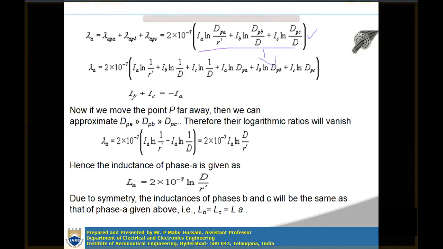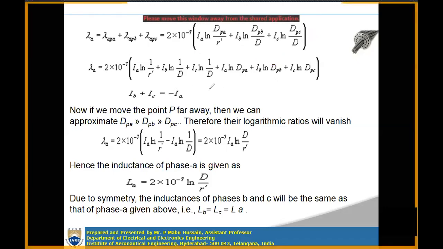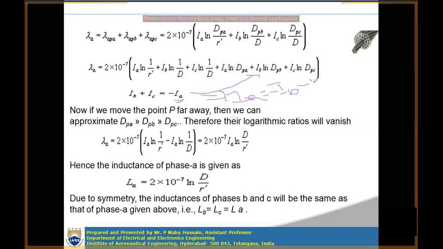So from that expression, you can write IB plus IC is equal to minus IA, or IA is equal to minus IB minus IC.